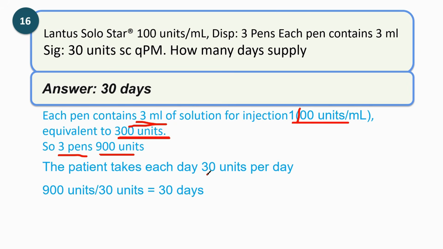The patient takes 30 units per day. So the day supply calculation is total units, 900 units, divided by 30 units. If you divide that, it equals 30 days. The zeros cancel, and that would be 30 days. So therefore, the correct answer is 30 days.